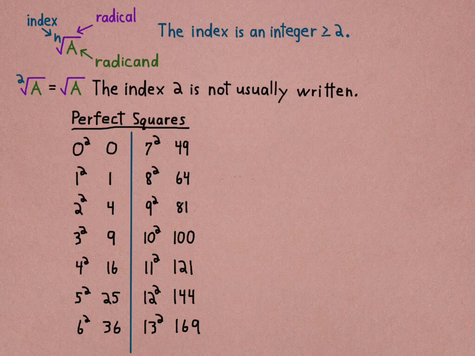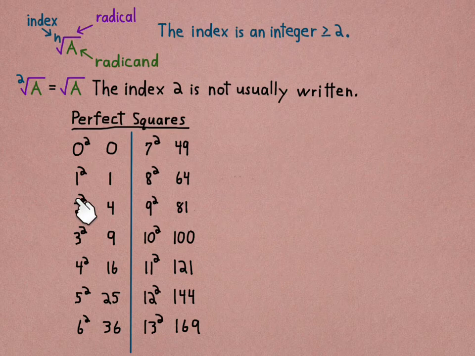You can have products of some of these, like you could have 9 times 16. And then what you're going to do is do the square root of these things. So, for example, you have 0. Since 0 squared is 0, the square root of 0 is 0. 1 squared is 1, so the square root of 1 is 1.